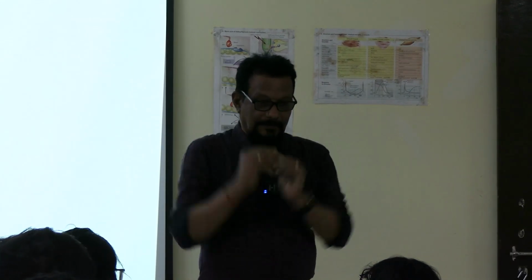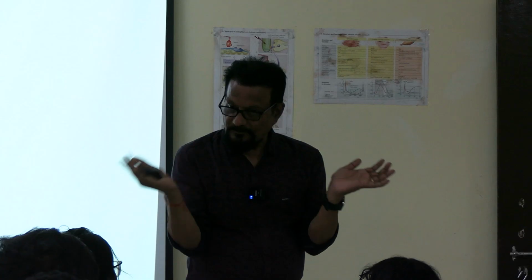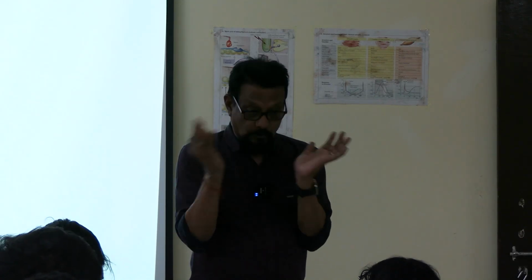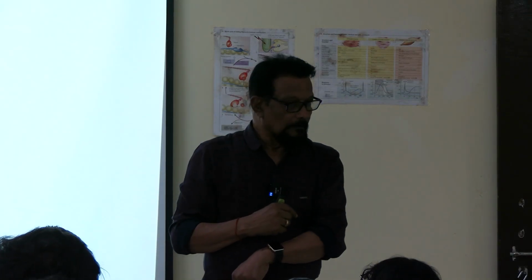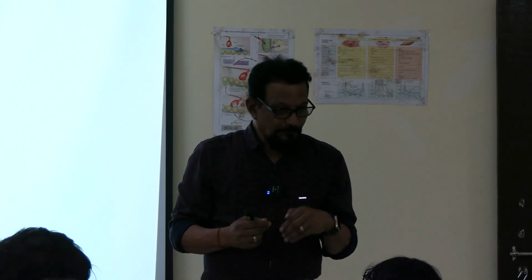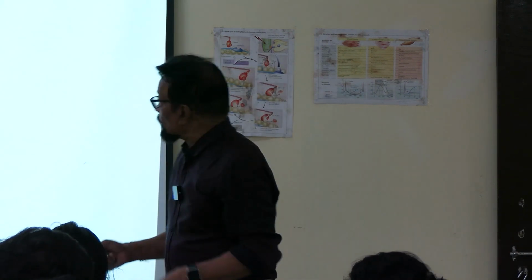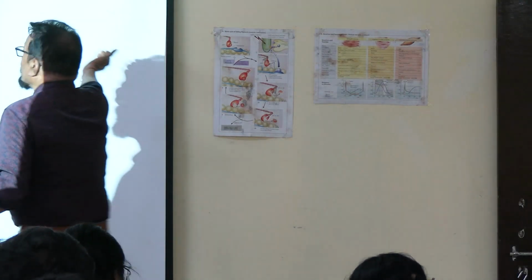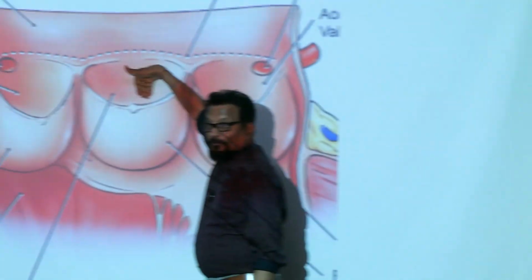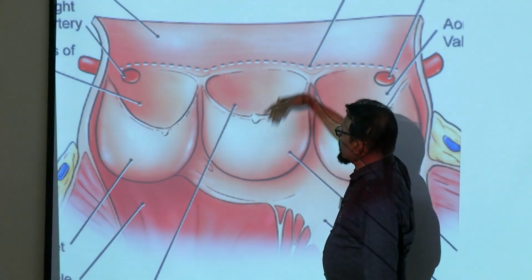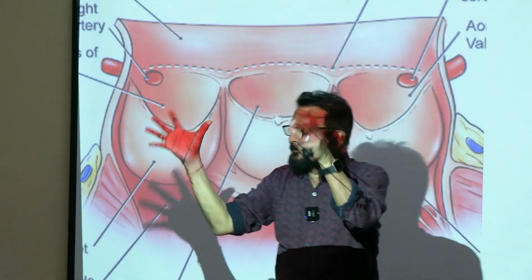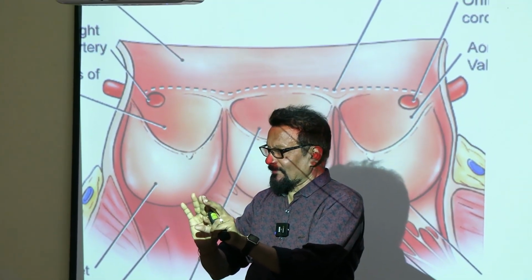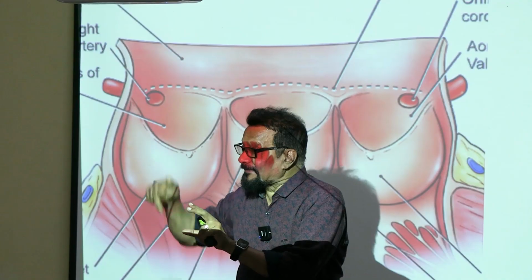Now when the ventricle undergoes distension, meaning diastole, the aortic blood will try to come back to the ventricle because of the pressure of blood in the aorta. So now this blood will try to flow back, and because of this, these sinuses will be filled up with blood and the cusps will close. So now the blood cannot enter the ventricle.